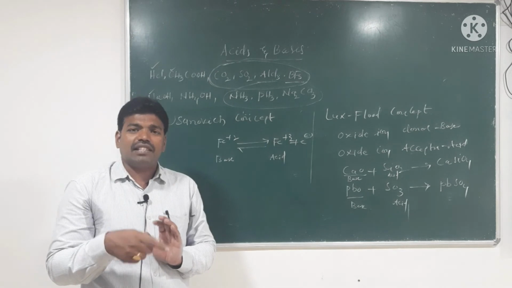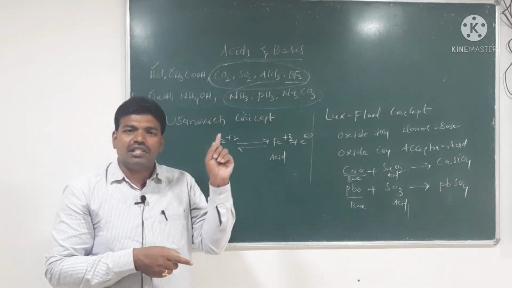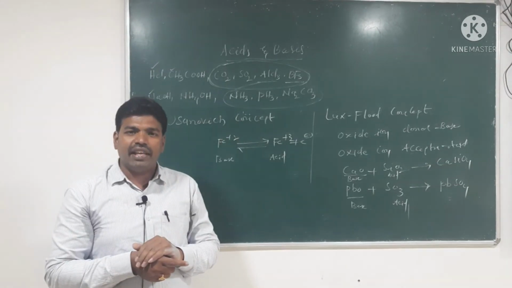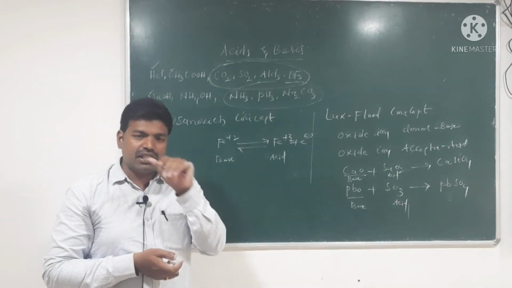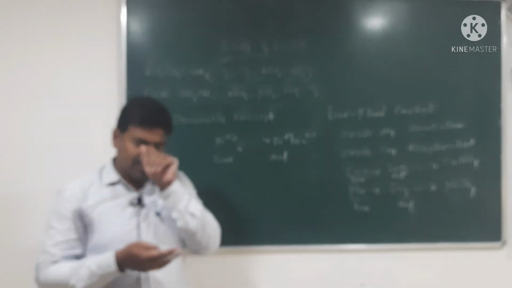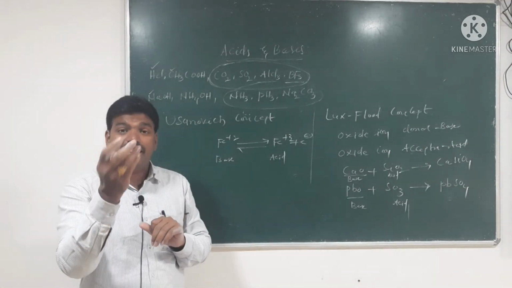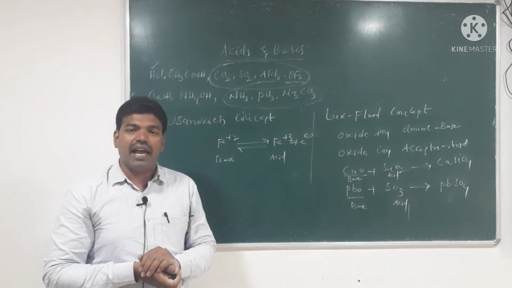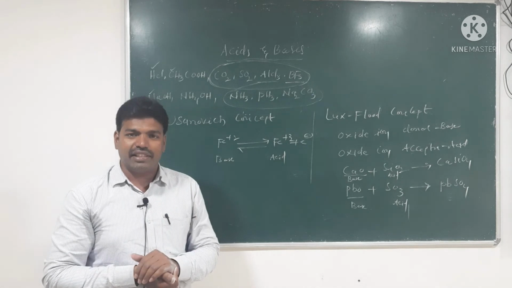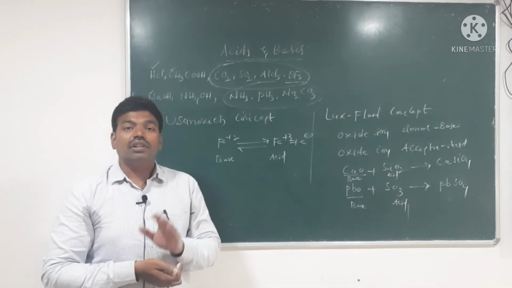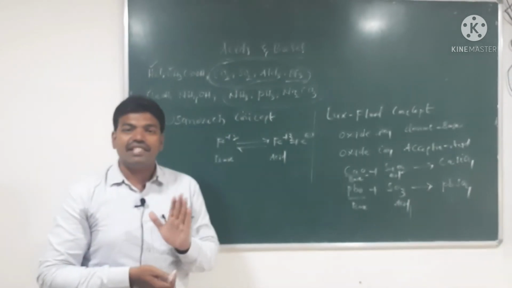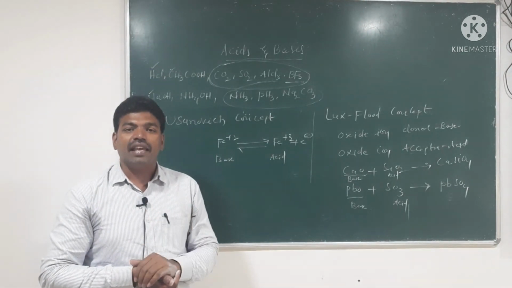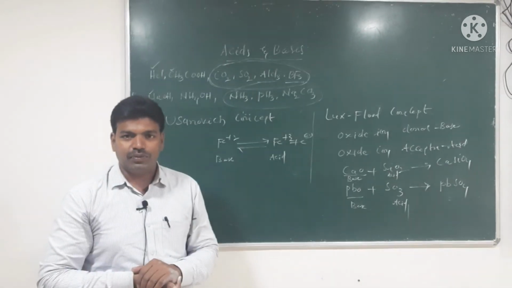And we can explain some compounds as acids on the basis of one theory, but we cannot explain the same compound as an acid with the help of another theory. So there is no appropriate theory to explain the acid base concept.